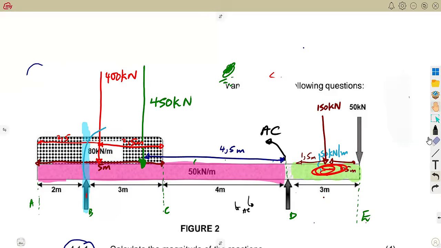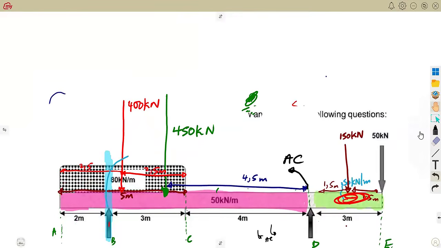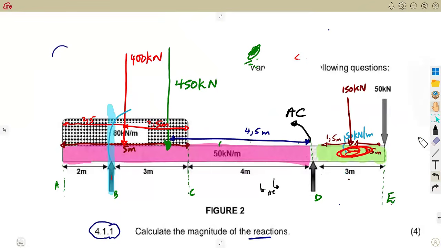So meaning to say we are going to work with the sum of the anti-clockwise moments being equal to the sum of the clockwise moments. Let's figure out the anti-clockwise, guys. The anti-clockwise going back to B, anything going back to B. So if we check this 150, we are no longer going to refer to it as 150 because of the distributed load of 50 kilonewton per meter.